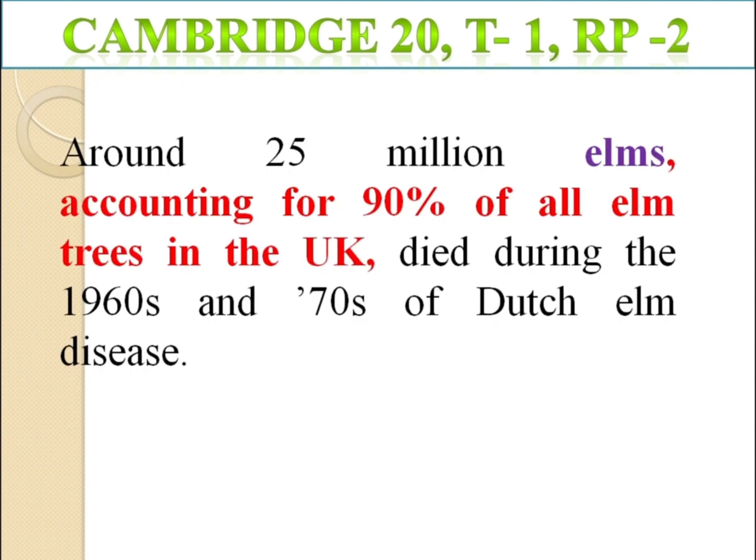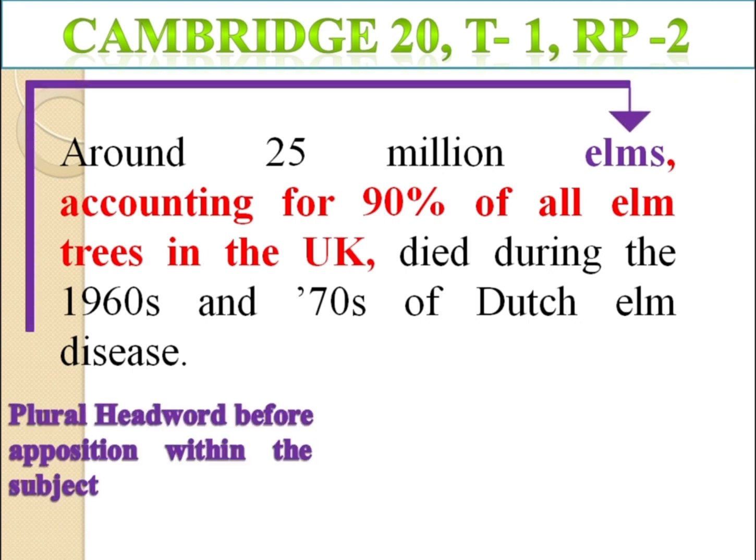Around 25 million elms, accounting for 90% of all elm trees in the UK, died during the 1960s and 70s of Dutch elm disease. What will we see here? Elms, the plural headword before a provision within the subject, and the apposition is accounting for 90% of all elm trees in the UK.